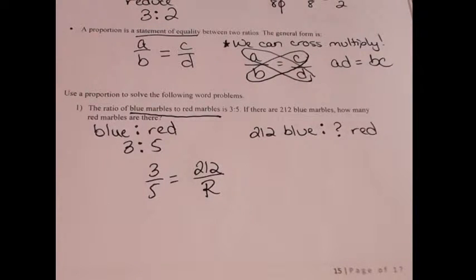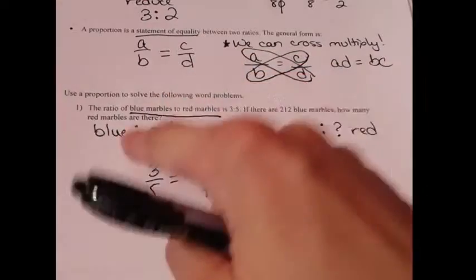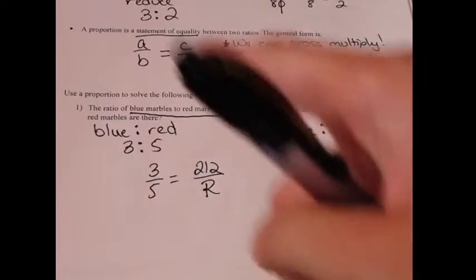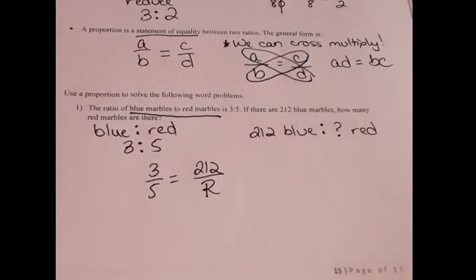Again, one of the things that I can say is you should consider that it is a proportion if you're noticing that your units appear twice. So meaning blue marbles, red marbles, blue marbles, red marbles, right? They're appearing twice. So there's something happening here. We're essentially trying to create some sort of equivalent fraction.